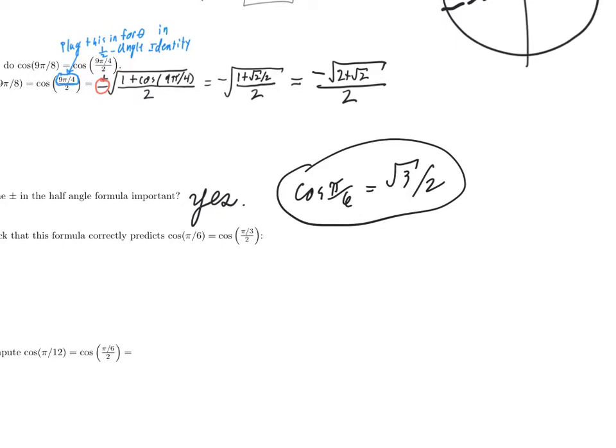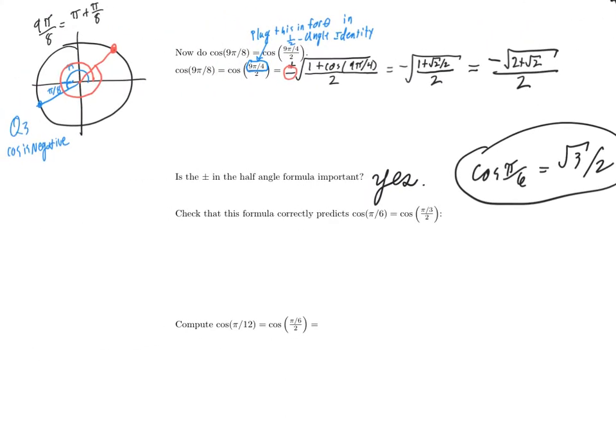It's half of pi over 3. So let's see if this correctly predicts this result. So what does this mean I'm going to do? I'm going to plug theta equal to pi over 3 into the half angle identity. And what will I get?